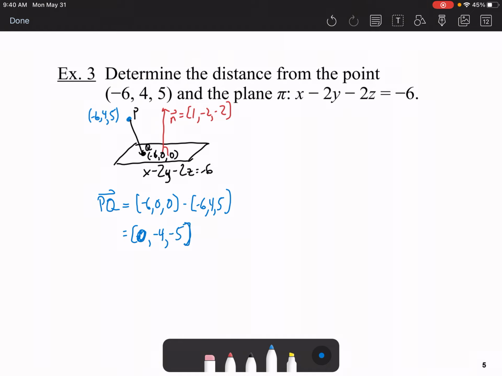Okay, so now to find out my distance, I'm again using the same formula that I did from before.